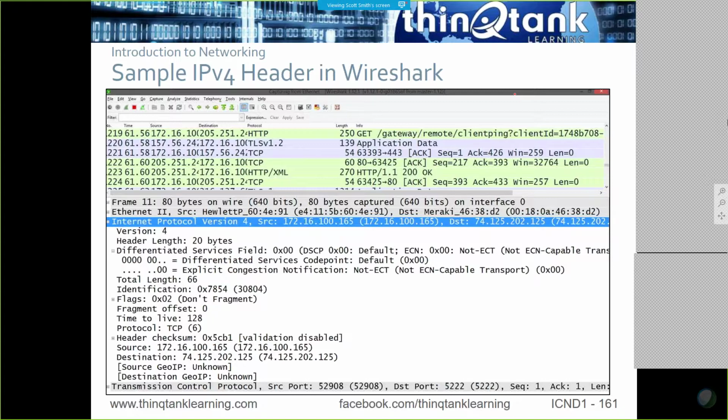You can say, well, this is a voice packet. It's supposed to be marked DSCP-EF, but I can tell it's not marked EF because I can see the DSCP value is 00. So you can troubleshoot that. You could say, well, why is this packet not being marked EF? And we can find out potentially where that might be.